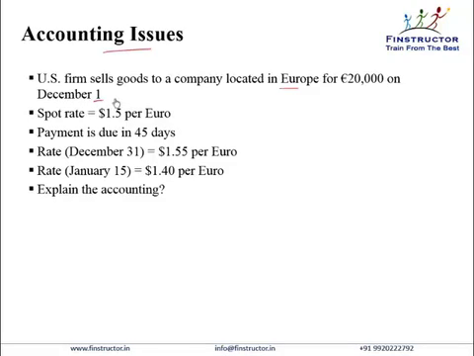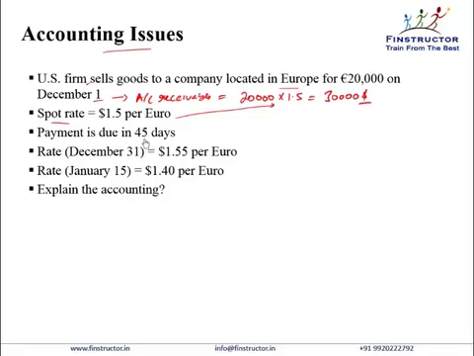So right at this moment, that is on December 1, the US firm has accounts receivable of 20,000 into $1.5 per euro, that is equal to $30,000, since the rate is 1.5 per euro today.